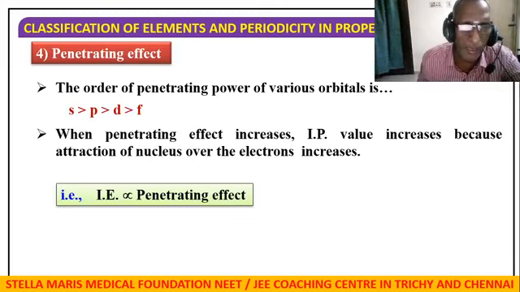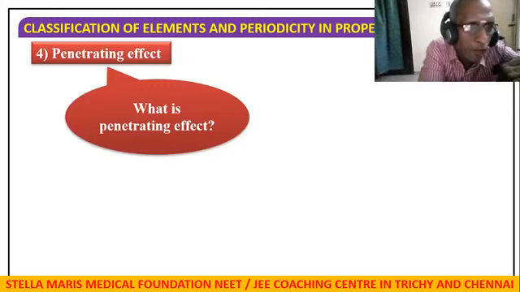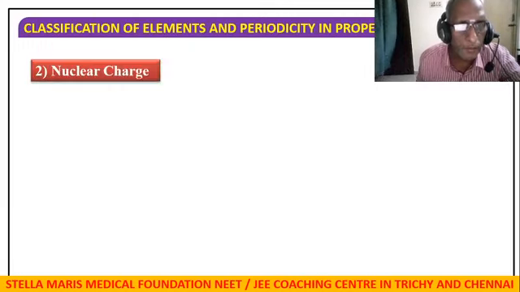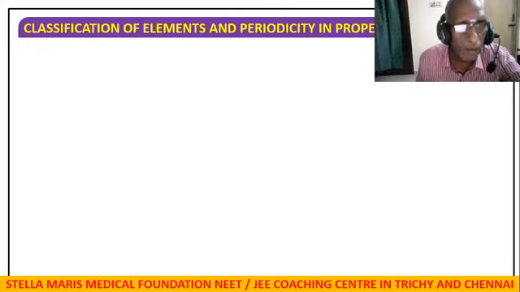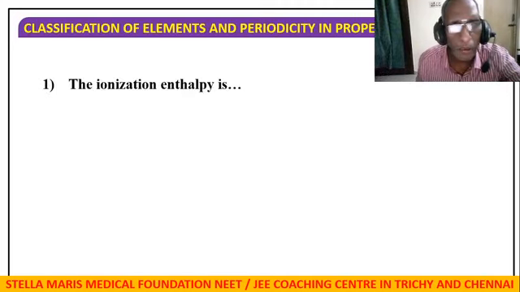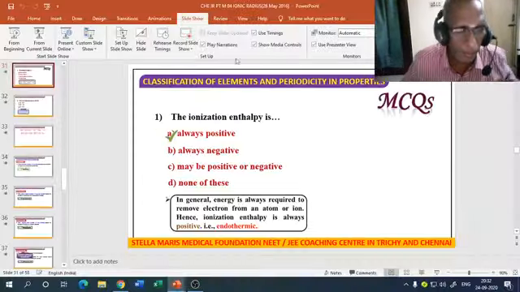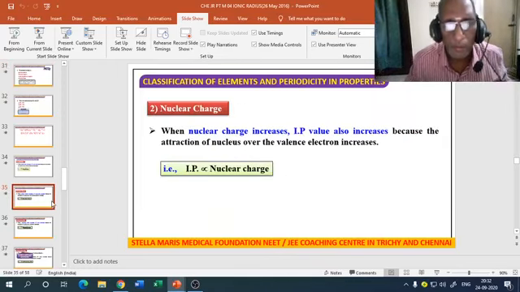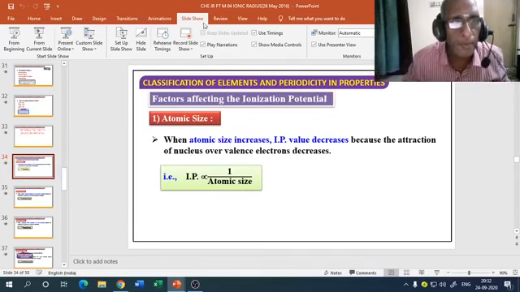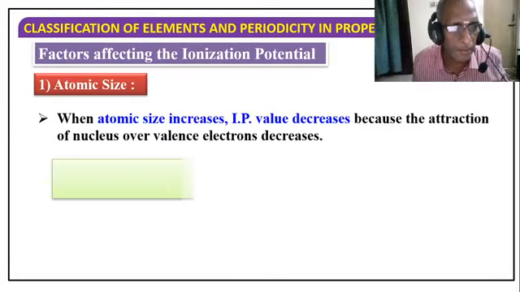Ionization energy depends on 4 factors. What are the 4 factors? With this we can limit. In the next class we can see the electron gain enthalpy. First factor is atomic size.